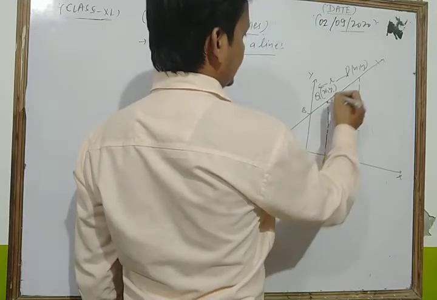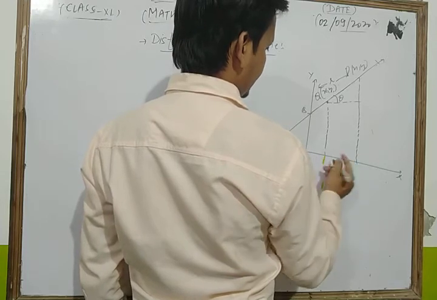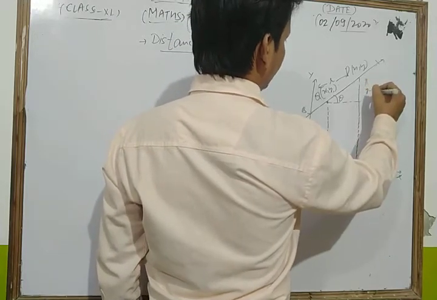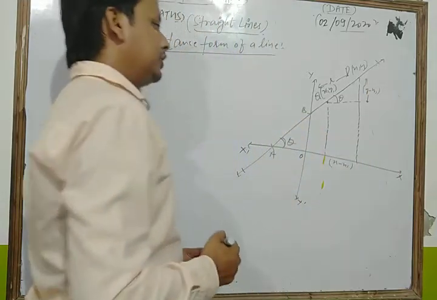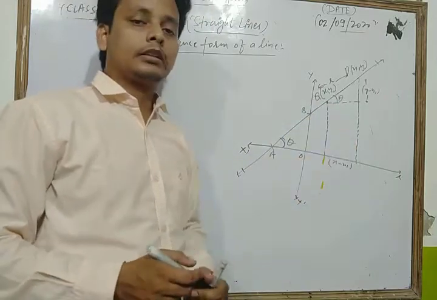Then that angle is also equal to theta. This distance is x minus x1, and this is y minus y1. In this way, dear students, we form a figure and derive that equation.